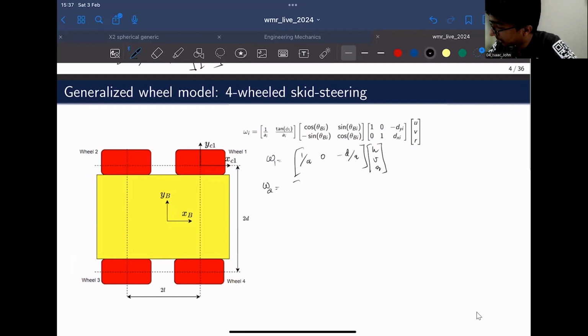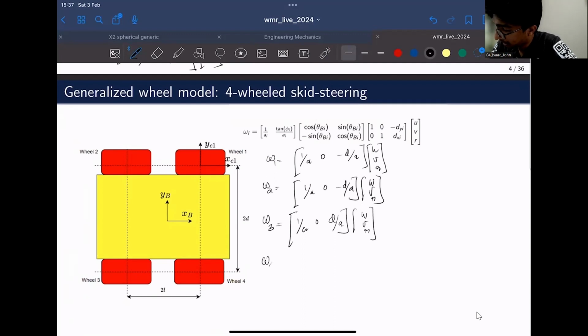Omega 2 would be again exactly the same: 1 by A, 0, minus d by A, UVR. Omega 3 would be 1 by A, 0, d by A, UVR. And omega 4 would be 1 by A, 0, d by A, UVR.